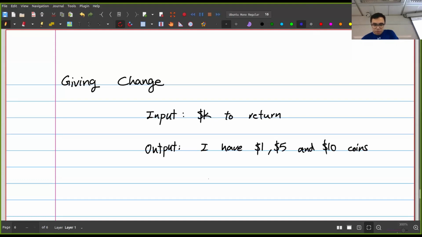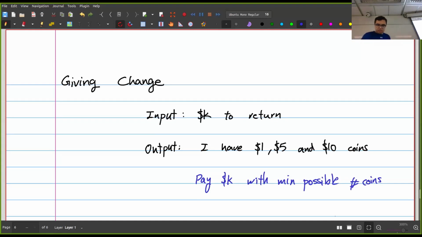So pay these K dollars with the minimum possible number of coins. Okay, so this is what I want to do. And generally, if you look at it as a program, I can say that my output either says how many coins are needed, or it just gives the list of coins that I'm going to give.